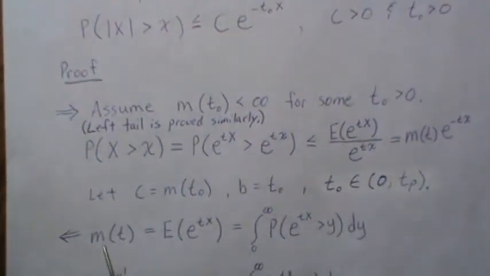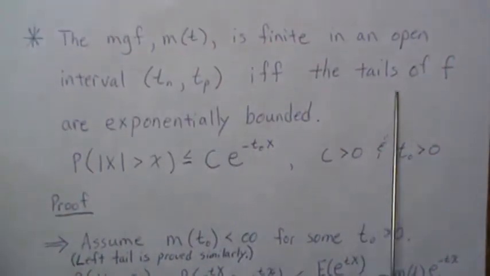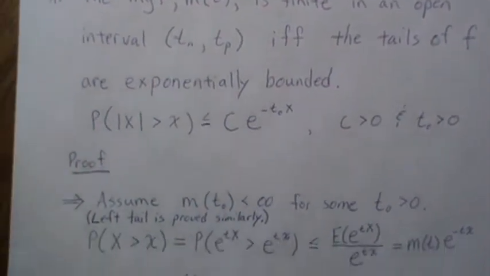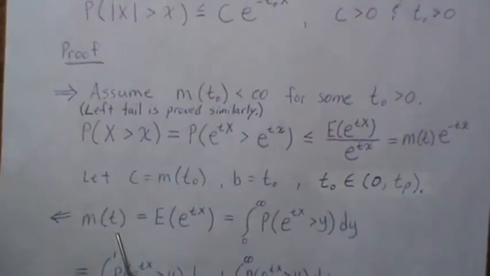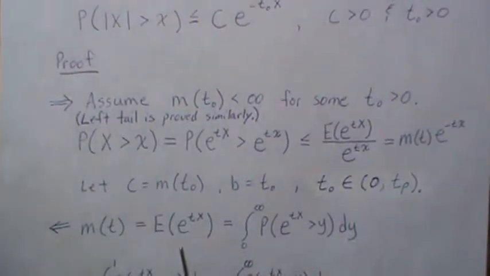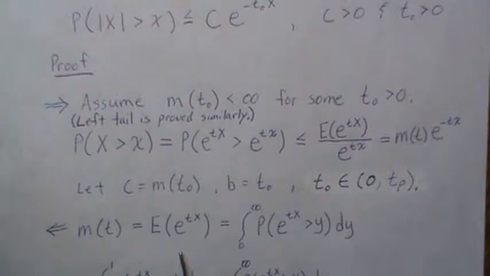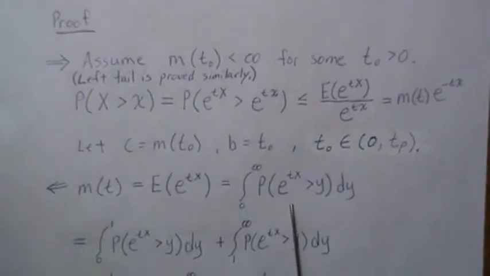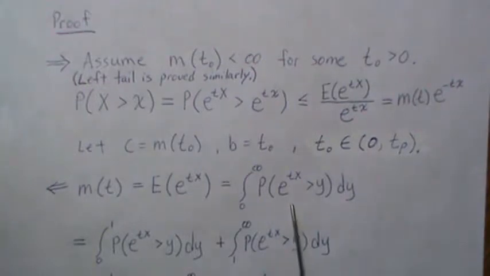Now going to the left, we assume that it's exponentially bounded, and then we'll show that the moment generating function is finite. So here is just the definition of the moment generating function, and that means it's equivalent to this. The reason that this is true is that this random variable is positive, okay?